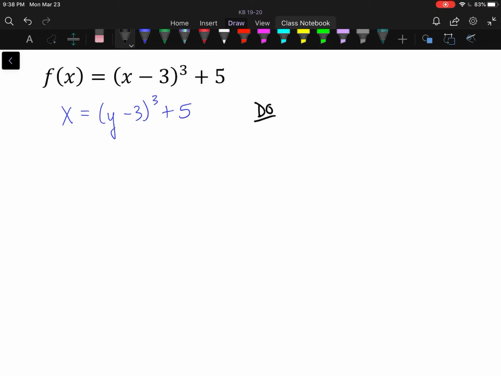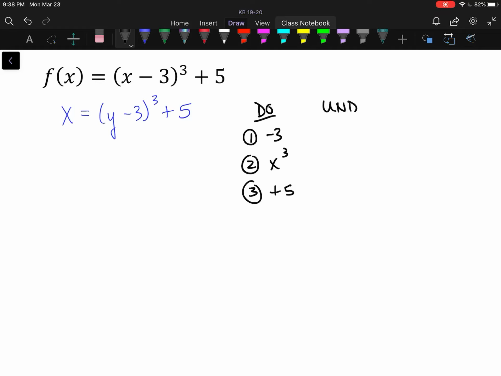So the first thing would be parentheses. And so we would have to subtract 3 from both sides. Step 2 would be to do exponents, which would cube both sides. And since there's nothing in front of the parentheses, we would then go to the plus 5.